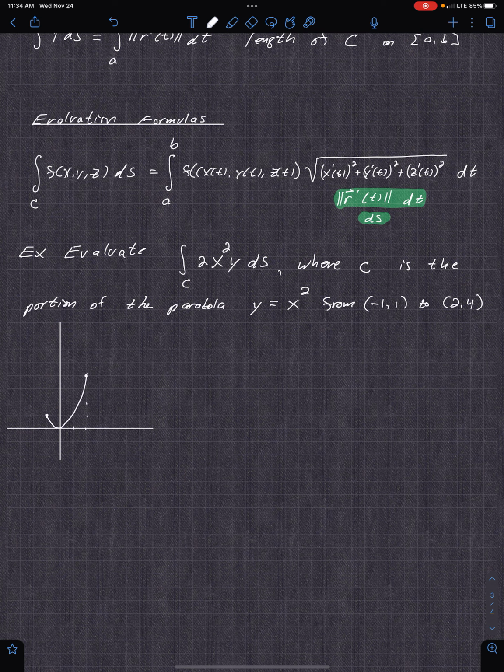Here's your ordered pair (2, 4) and (-1, 1). So that's your curve. We have f(x) equal to x squared.